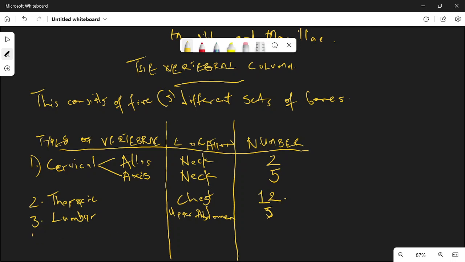And then we have the fourth one, which is the sacral vertebrae. It is found in the lower abdomen, and it also has a number of 5. And the fifth one is the caudal.